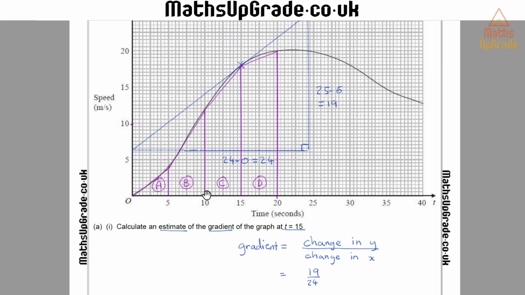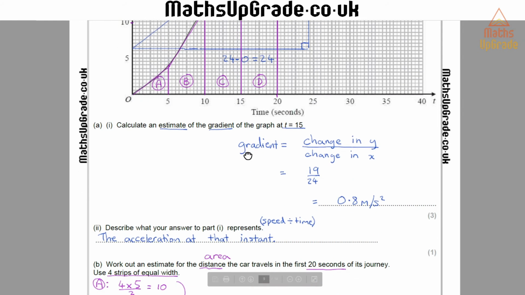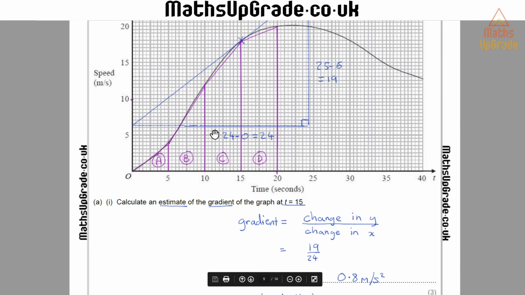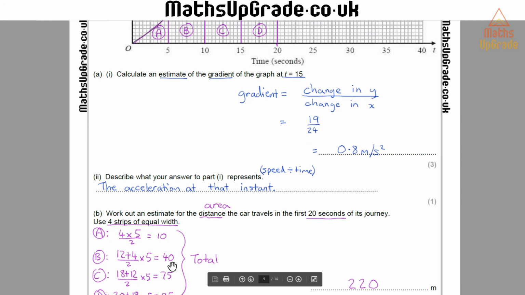In other words, you find the mean of the two parallel sides and multiply by the perpendicular distance. So 12 add 4 is 16, divided by 2 is 8, and multiply by the distance between them, which is 5. That gives you 40.